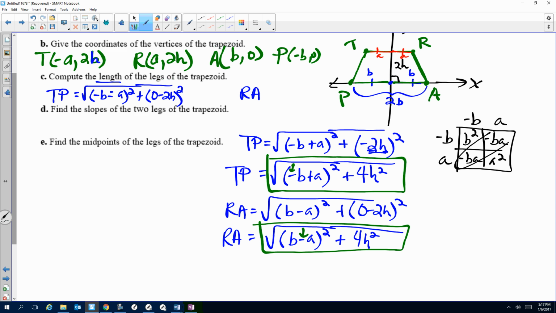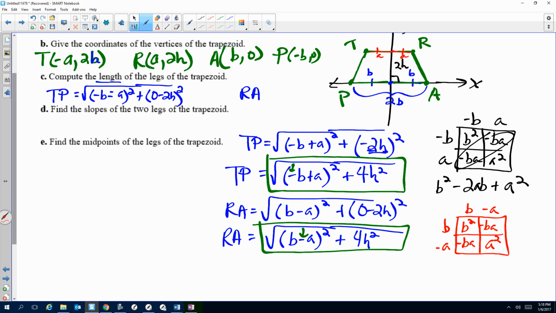If I combine my like terms, I have b squared minus 2ab plus a squared. Well, if I check that with my other expression using the box method, here we have b, negative a, b, negative a: b squared, negative ba, negative ba, positive a squared. Look what happens here.